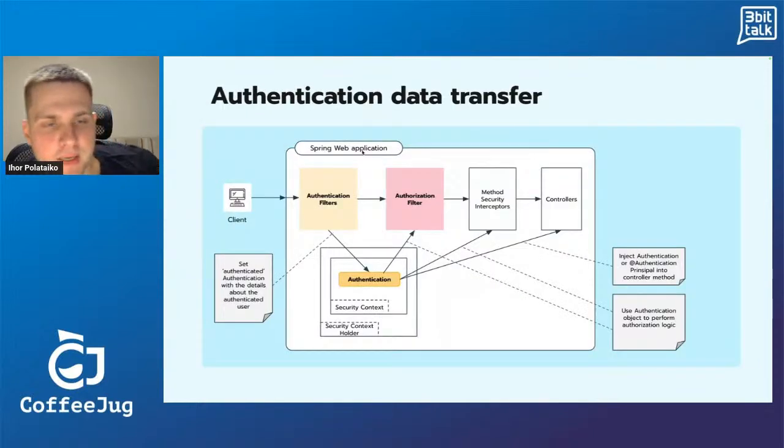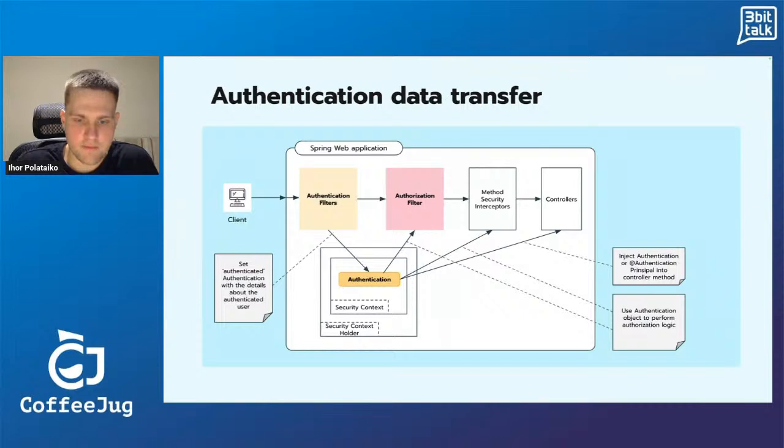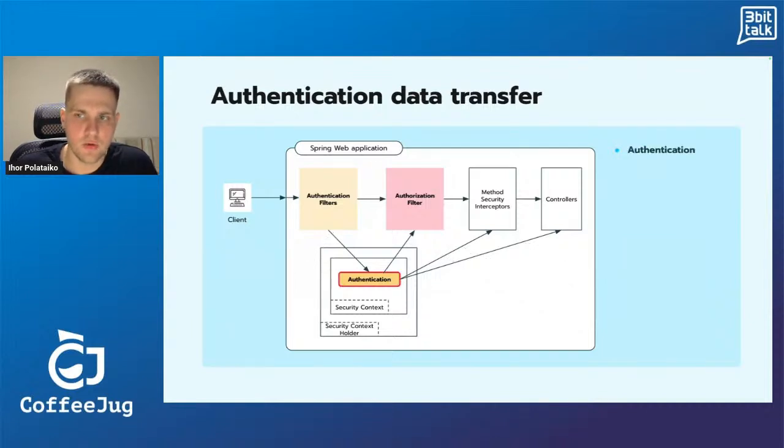Going further, now the next element is actually how the data about the request is passed through the filters and through the authentication, authorization parts, and to your business logic in your application. And the cornerstone element here, which I also consider to be a sort of heart of Spring Security, is authentication object.